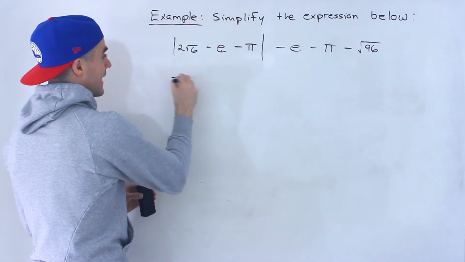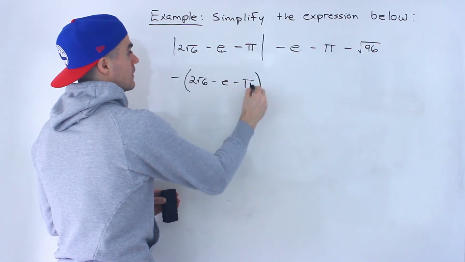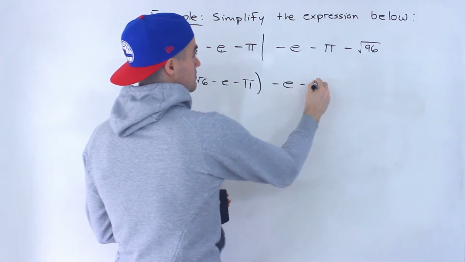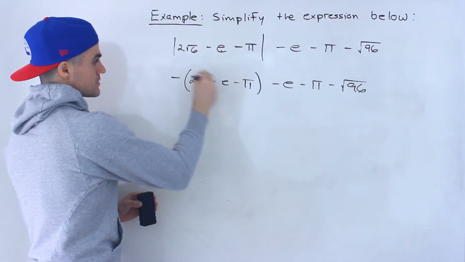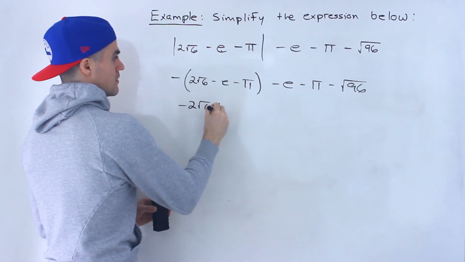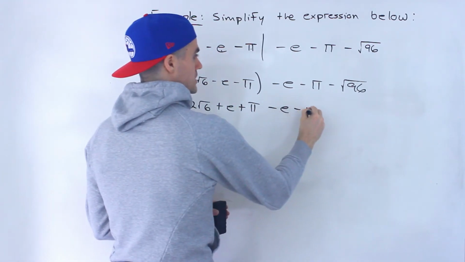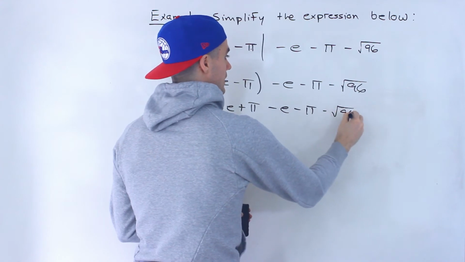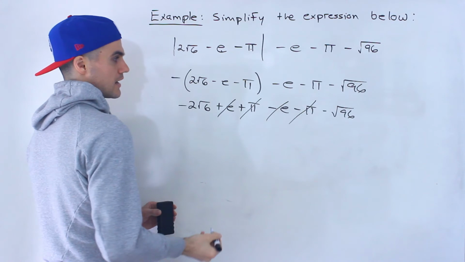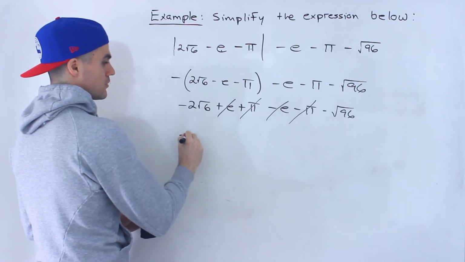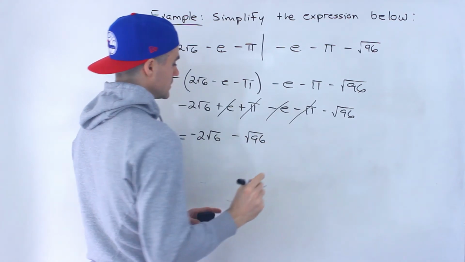So we can rewrite this as negative 2 root 6 minus e minus pi, and then we have the minus e minus pi minus root 96. Distributing here, all the signs change: minus e, minus pi, minus root 96. Those net out to 0. So we end up with minus 2 root 6 minus root 96. That's what the answer is.